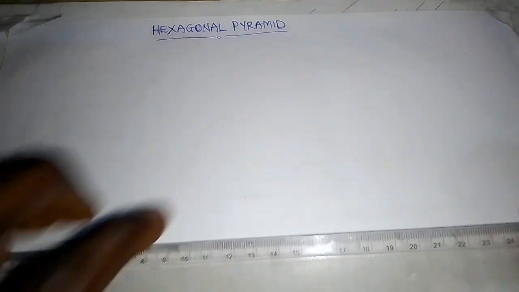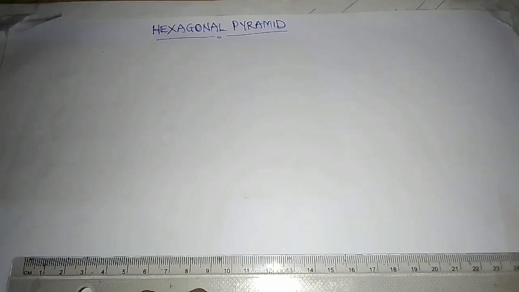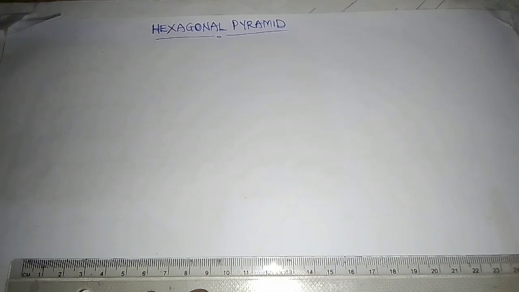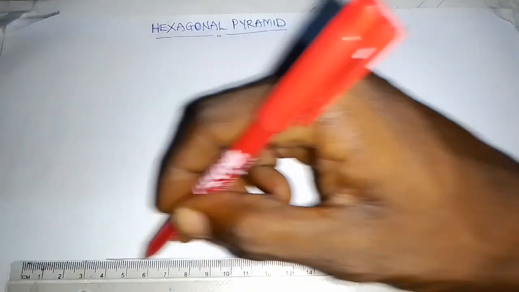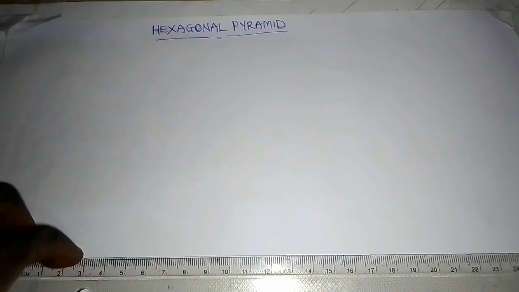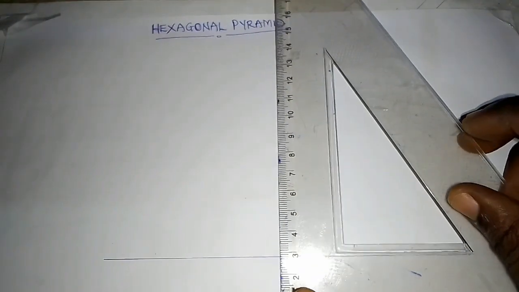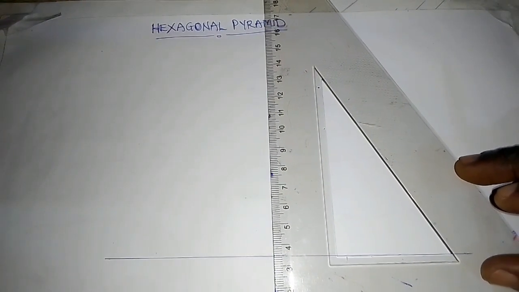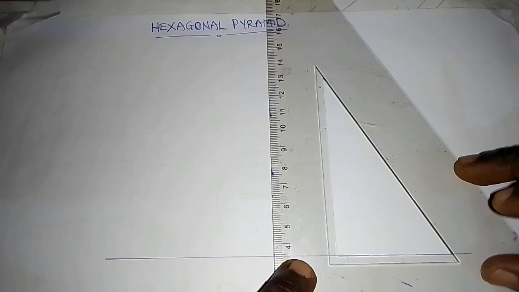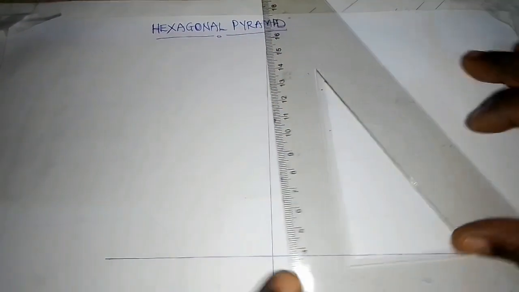So I will draw my baseline to start with, a baseline of any length of your choice. Then we'll pick a point. At any convenient point, we are going to draw a perpendicular line at that point.